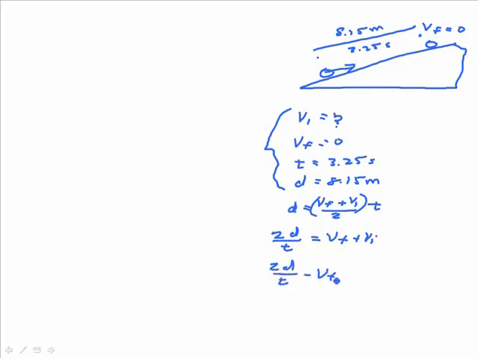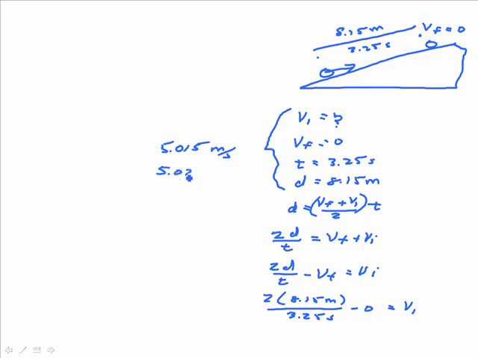Now, it doesn't really matter much right now because Vf is 0 anyways, and so 2 times 8.15 meters divided by the time, 3.25 seconds, minus 0 is equal to Vi. And of course our solution is 5.015 meters per second. And of course we'd round that to 5.02 meters per second.